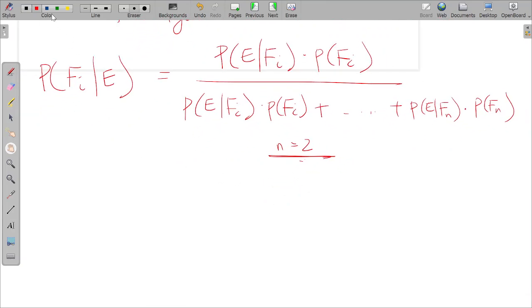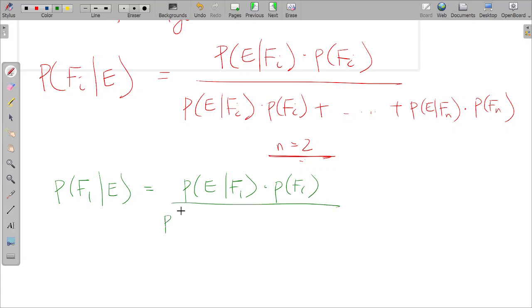If n is 2, that means we are going to have probability of F1 given E equals probability of E given F1 multiplied by probability of F1, all over probability of E given F1 multiplied by probability of F1 plus probability of E given F2 multiplied by the probability of F2.